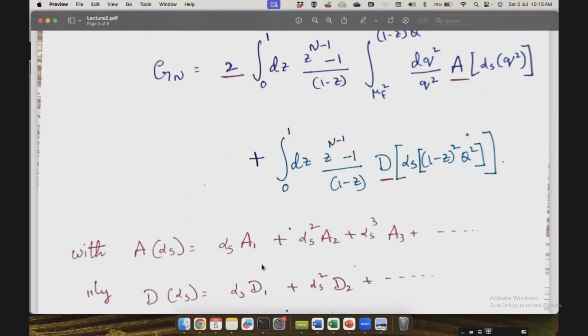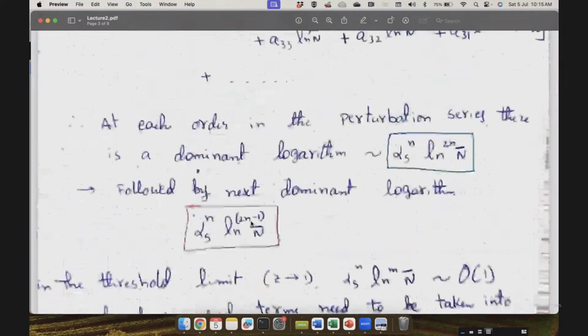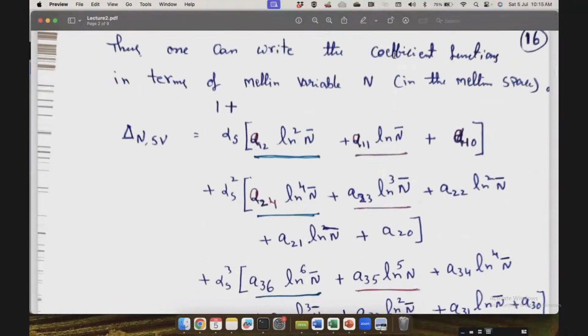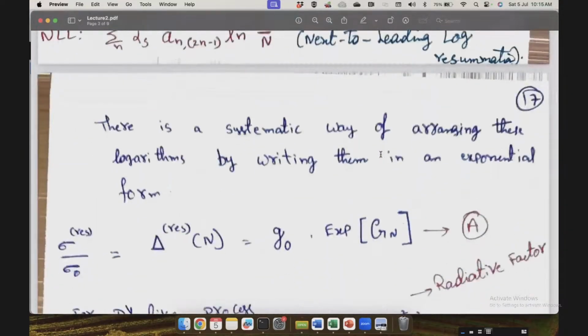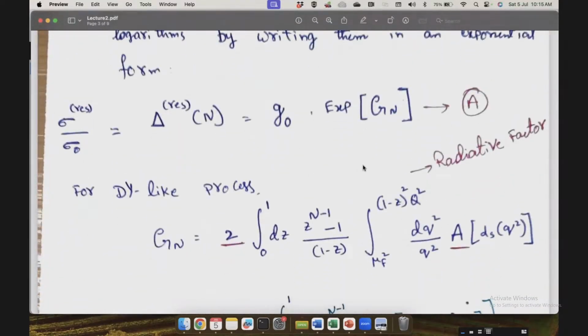And now look at only the logarithmic structure. Because of this Mellin transformation, at each alpha s level you will have exactly the same kind of structure that you have seen here. Meaning whatever structure we have seen in perturbation theory, by considering this sort of exponential form, I can again get back to the same structure.